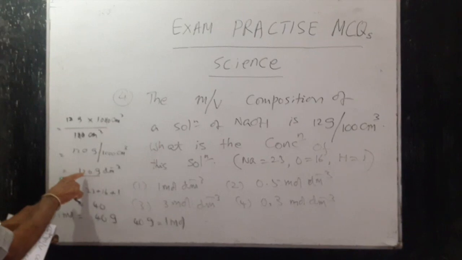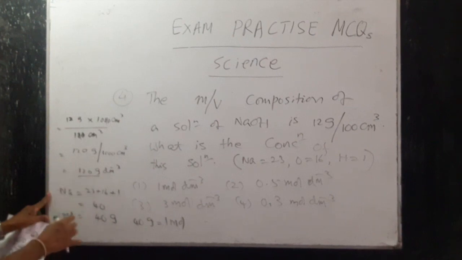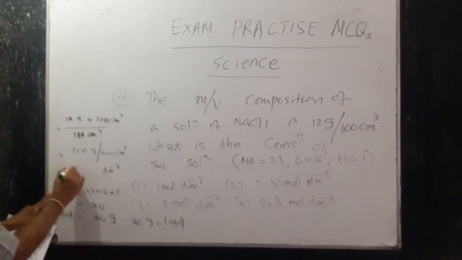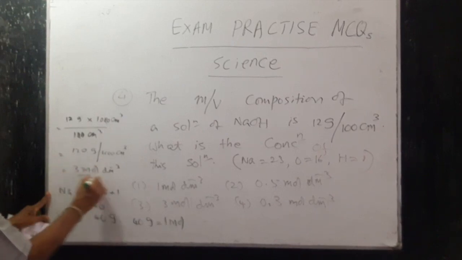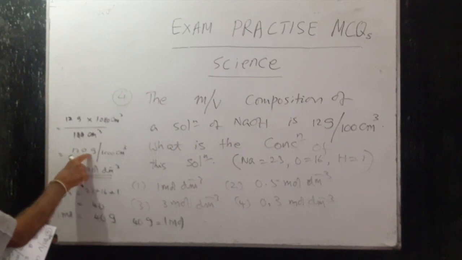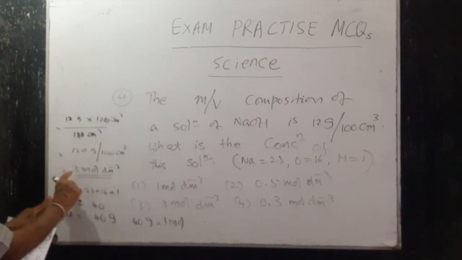Therefore, divide this by 40 to convert 120 grams into moles. In 40 grams, you have 1 mole. Therefore, when you divide this by 40, 3 moles. 120 grams of sodium hydroxide means 3 moles.